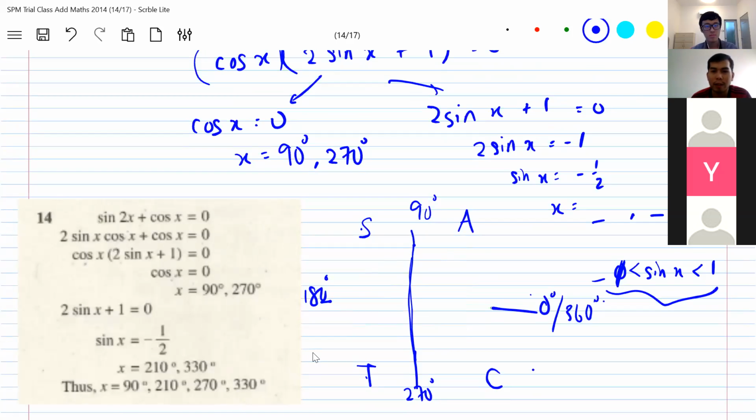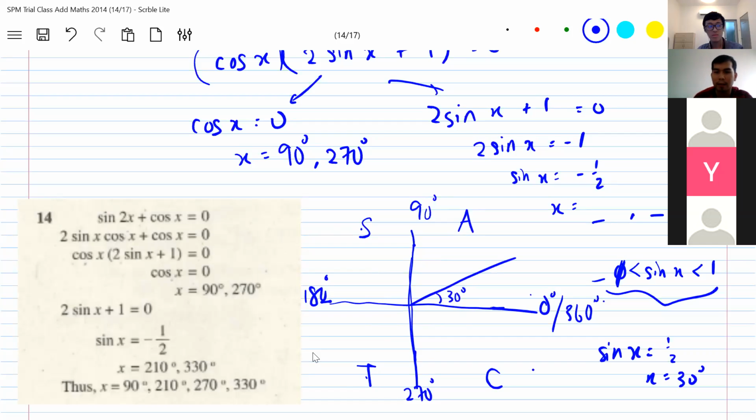If you use your calculator, if you all can type it out now, try doing shift sine half. Shift sine, arc sine 0.5. You get the answer 30. So x will be equal to 30 degrees. But it does not limit yourself to 30. That here is 30 degrees, right? The sine of this number, sine 30, will equal half.